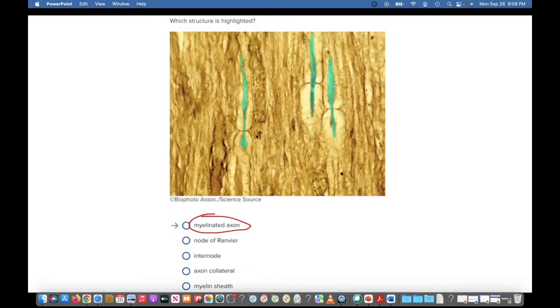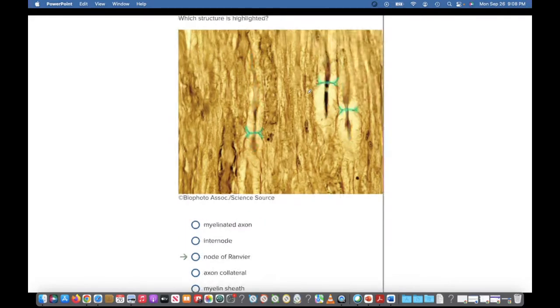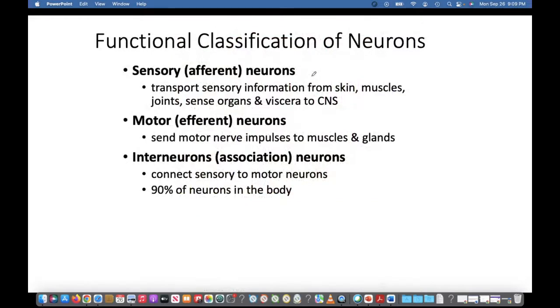So inside, that's going to be the axon, but it is a myelinated axon. And then this is a Schwann cell, right? This is a Schwann cell. This is a Schwann cell. And the spaces between each Schwann cell, that's what we call the node of Ranvier, where the action potential skips over and only travels along the myelinated portion.